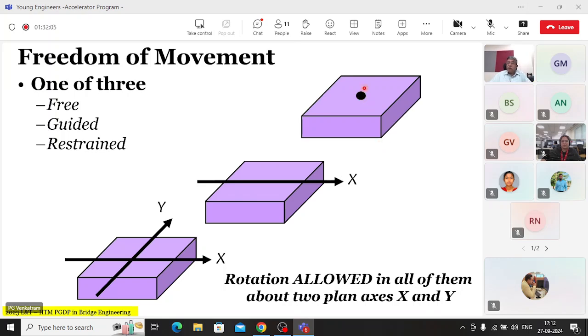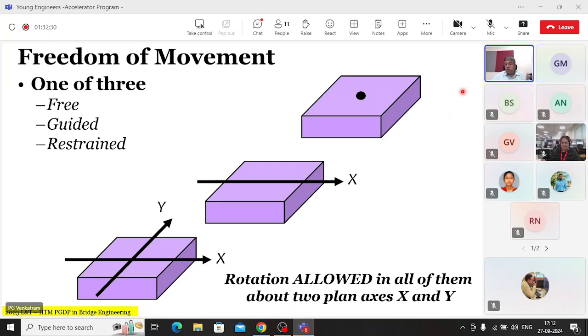To recap, this is a restrained bearing, this is a guided bearing, and this is a free bearing. And in all these bearings, rotation is allowed about the y-axis as well as about the x-axis. Both the rotations are allowed this way as well as that way in all these bearings.